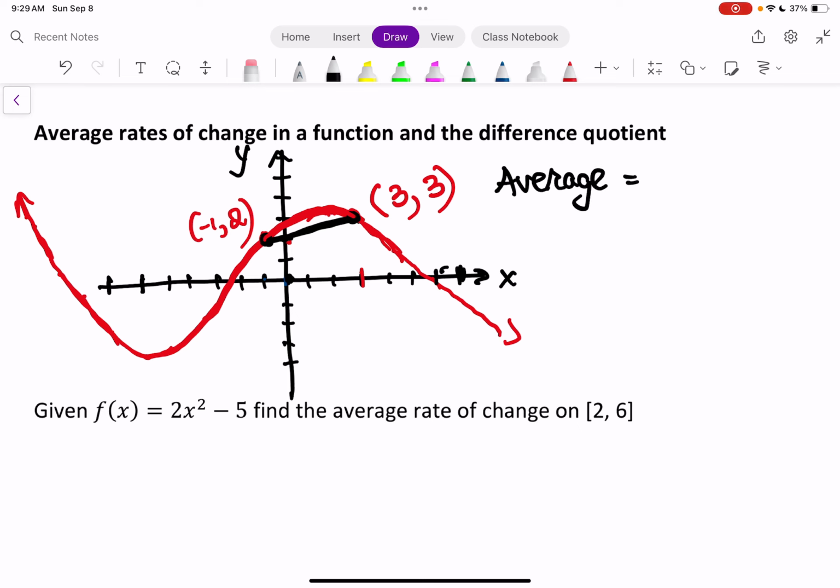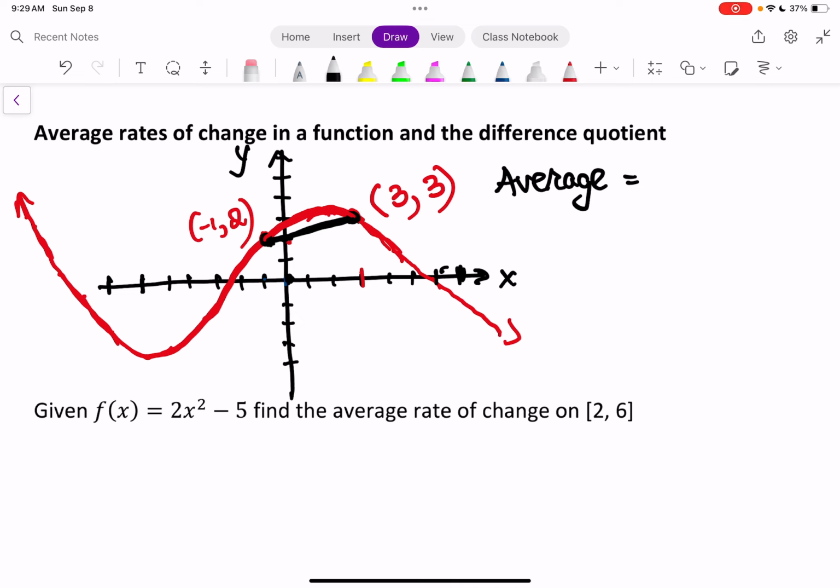So if you remember anything about something called a slope, that's exactly what we're looking at. The slope of this little line that I drew for you between these two values. But technically, what this slope is, is an average rate of change.